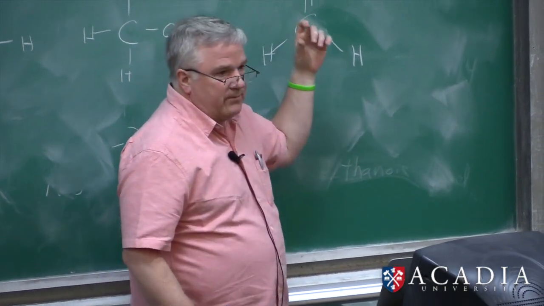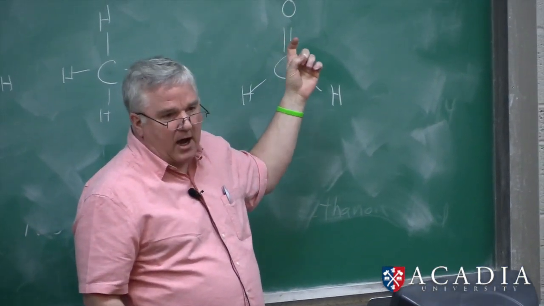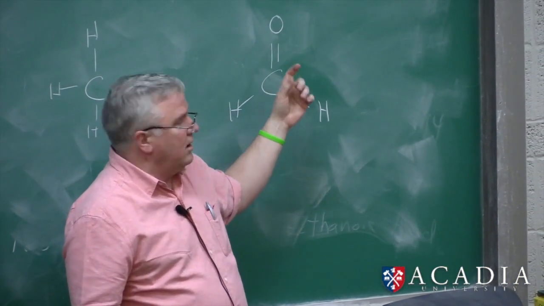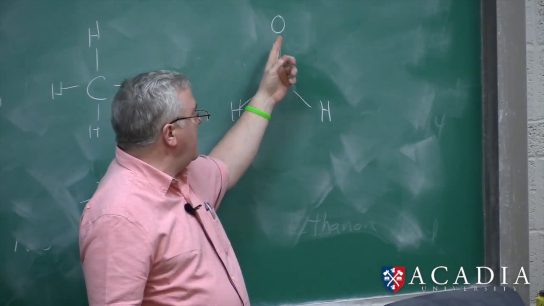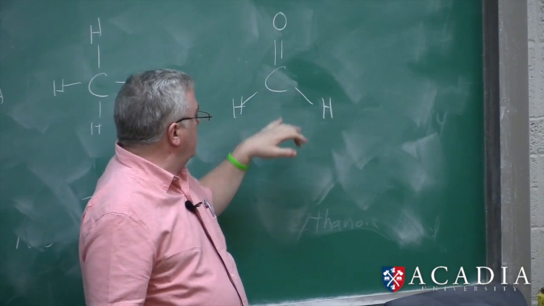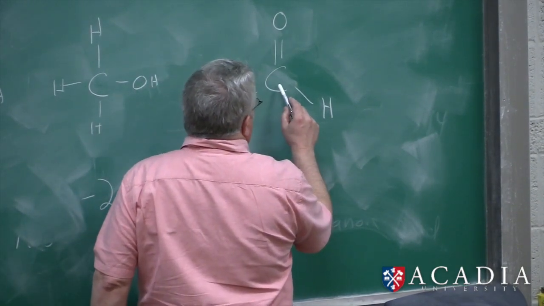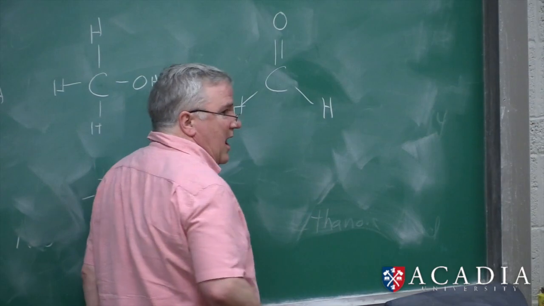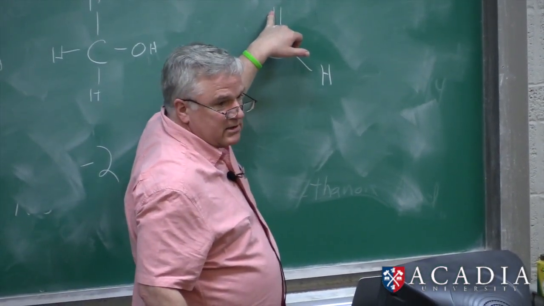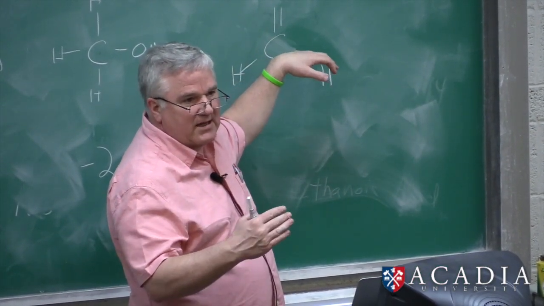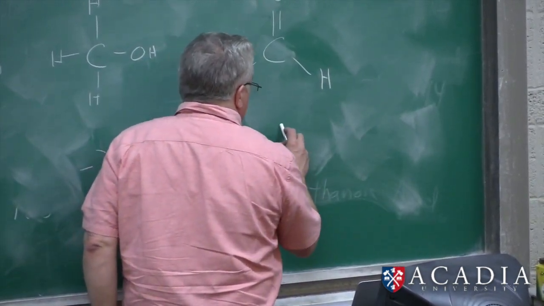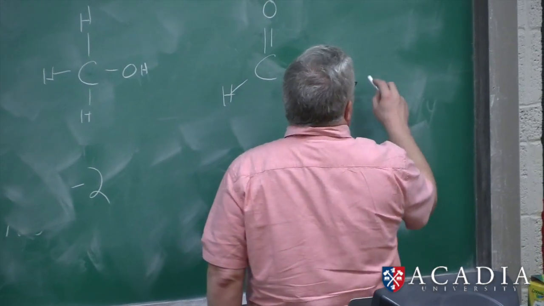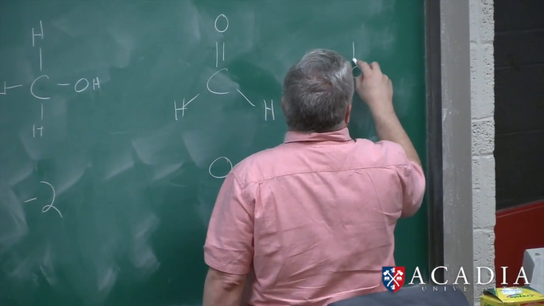Every bond to oxygen will be a +1 on the carbon. Here our carbon is -2 because of the hydrogens, and there are 2 bonds to the oxygen, so we take -2 and add 2 for the 2 bonds, and it's 0.